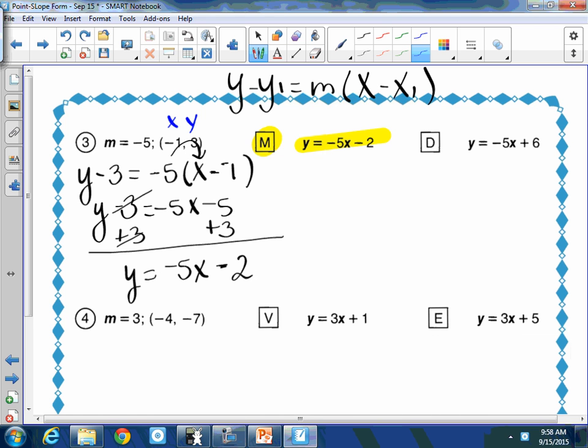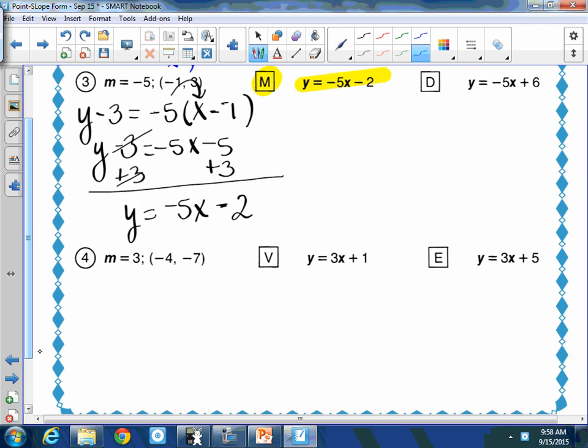Okay, so on the next three, I'm going to show you another way of doing this. Another way that you can do this is, if they give you the slope and the point, and you want to figure out which one of these two is the equation that goes through that point and has that slope, you can plug in the points and see which one makes the equation true.